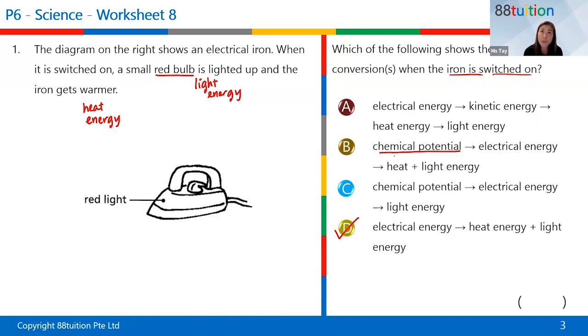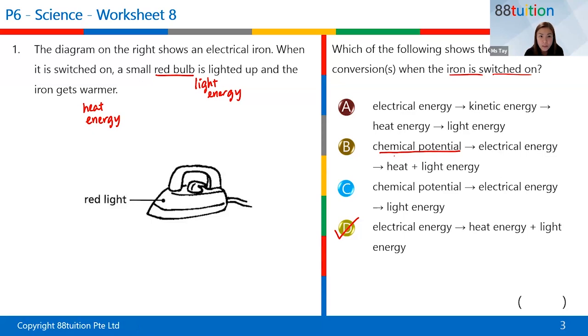What are the things that actually have chemical potential energy? Do you still recall? Batteries, food that we eat, fuels as well, right? Very good. These are the things that contain chemical potential energy.